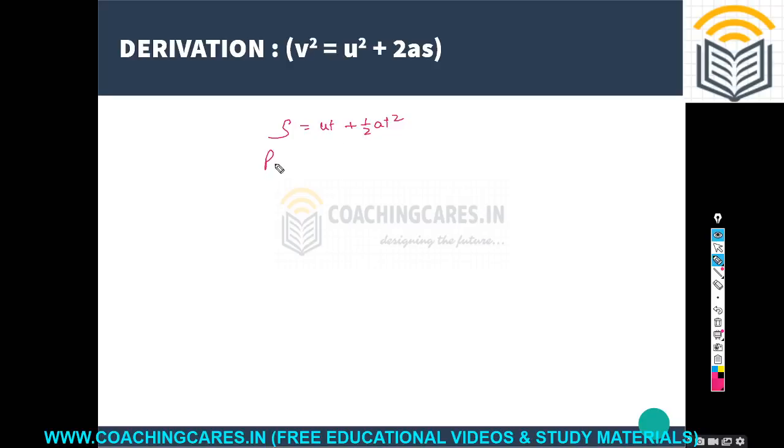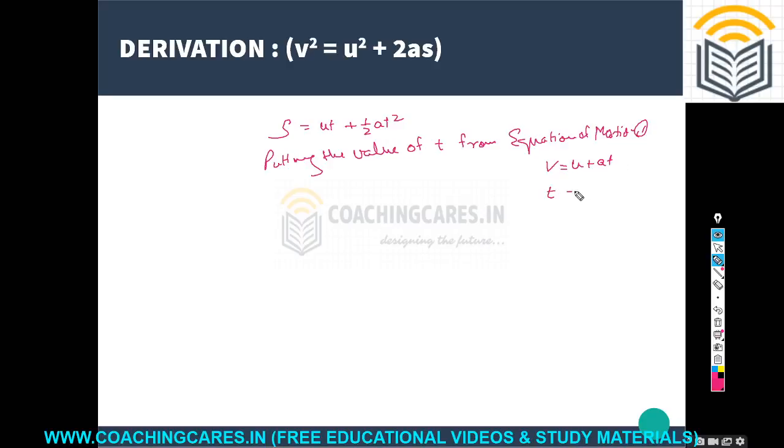So we'll put the value, putting the value of t from equation of motion number 1, which is nothing but v is equal to u plus at.